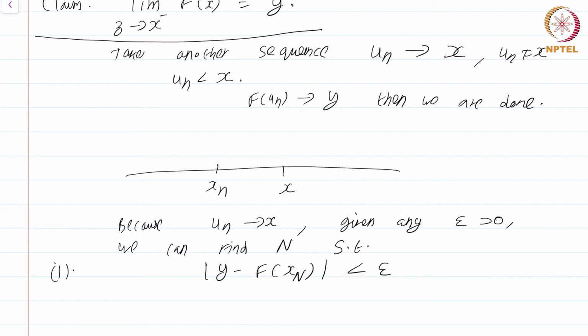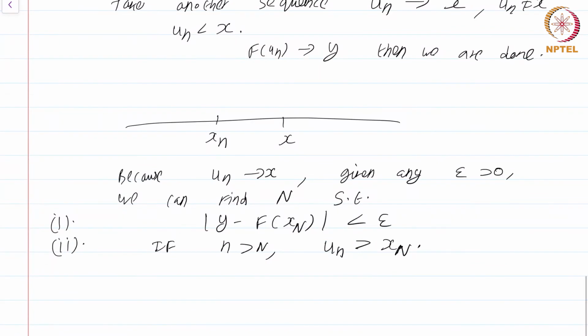Second, if small n is greater than capital N, un is greater than x capital N. This requires maybe 30 seconds of thought. Xn is somewhere over here.